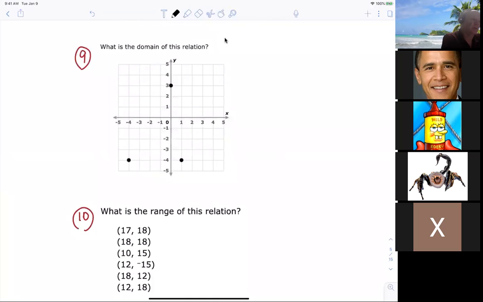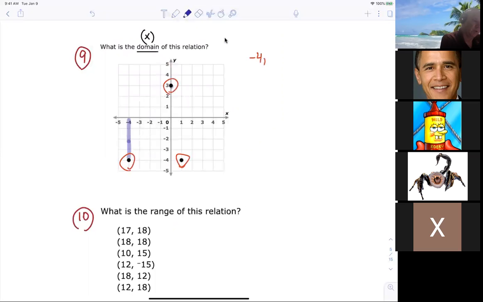Okay, now from our notes, I told you the domain, underline the domain, and then above it, it just wants to know what the X values are. All it wants to do is know what the X values are. The X values of what? The X values of the points that are on the graph. So the quickest way to do that is look there. That first point is a what? -4.